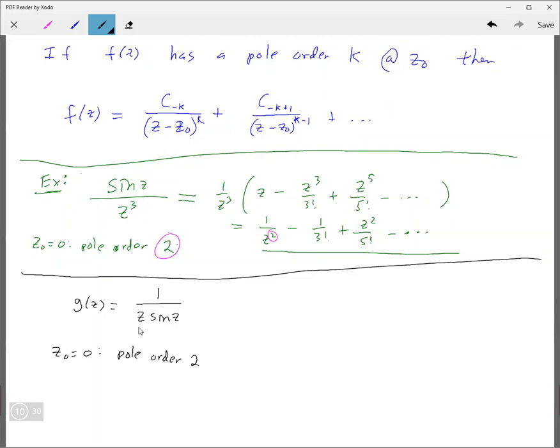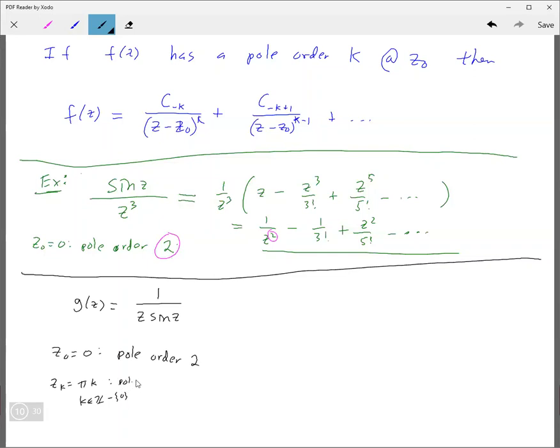And this is going to be order 1 too. So when you multiply two things like this together, you're going to get order 2. This will also have poles at multiples of pi, so pi k, where k is an integer but not 0.